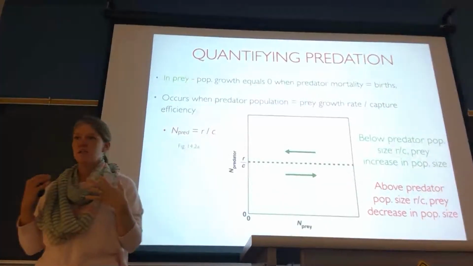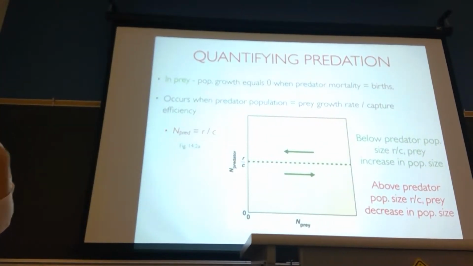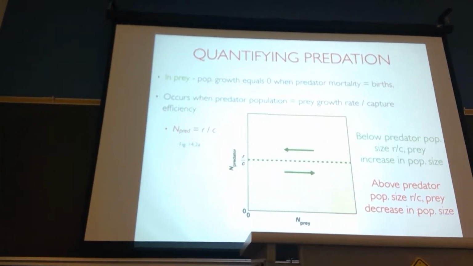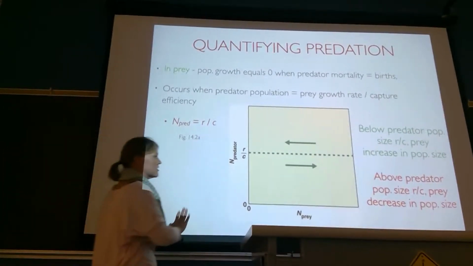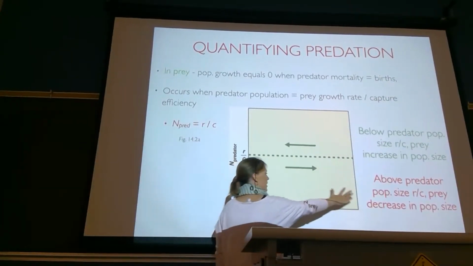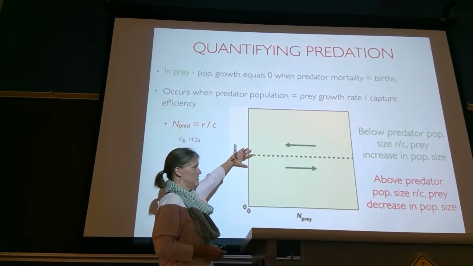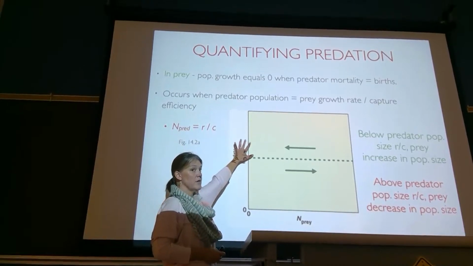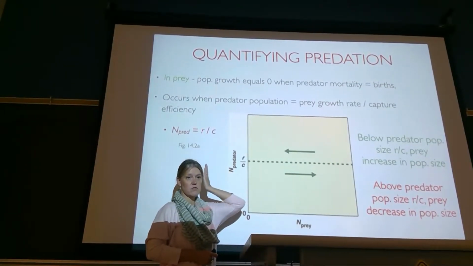The stable growth of the prey population happens when the predator population is big enough to induce mortality equal to birth rate. Below that predator population size, mortality is less than birth and the prey increase. Above that predator population size, death by predator is greater than birth rate and the prey population will decrease over time.